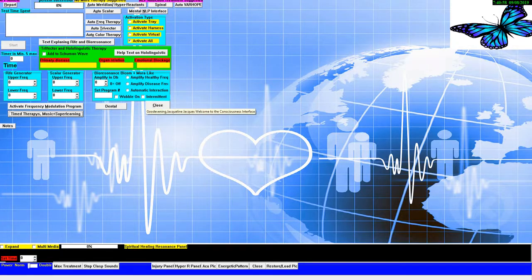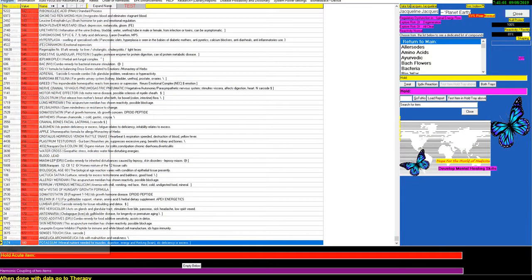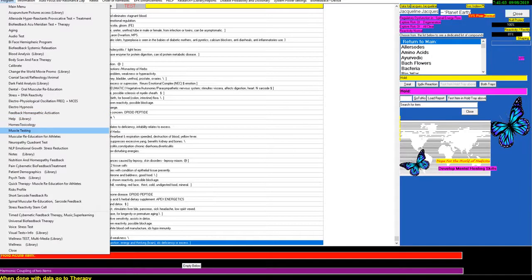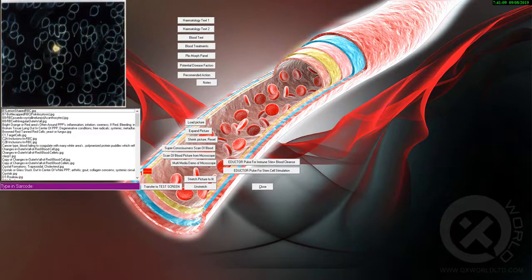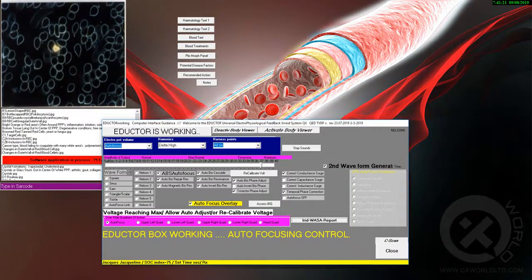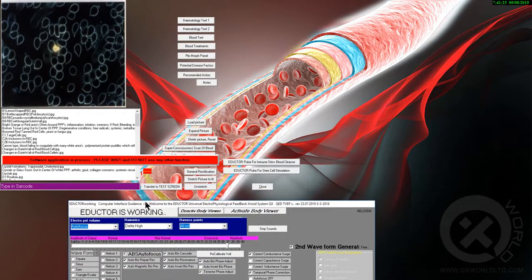And then what I would like also to show you is mainly for the blood. We have a beautiful program for the blood, and mainly it's related to the system of the dark field theory that has been developed by Enderlein, the German. And I can ask here, what is the superconscious need for the blood?